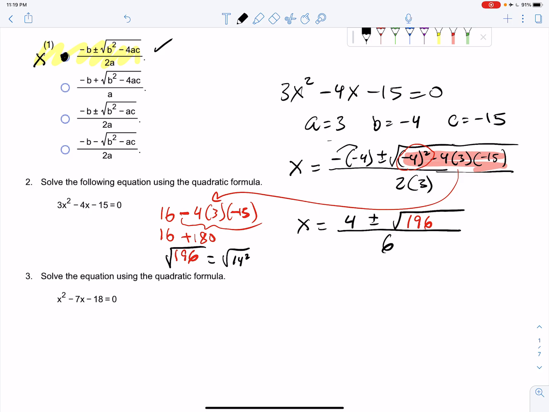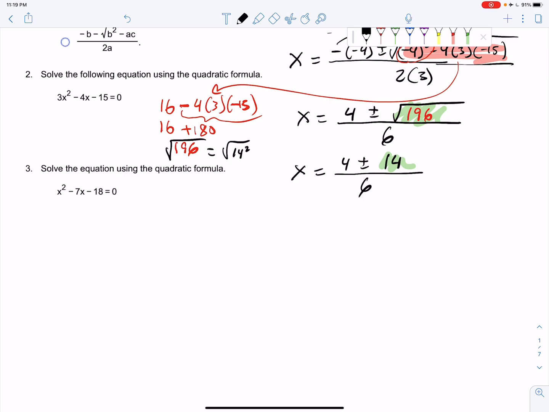So it is in fact a perfect square. So this is going to be nice, because the square root of 196 is just going to be 14, so it simplifies out to just 14. So now we've got this over 6.